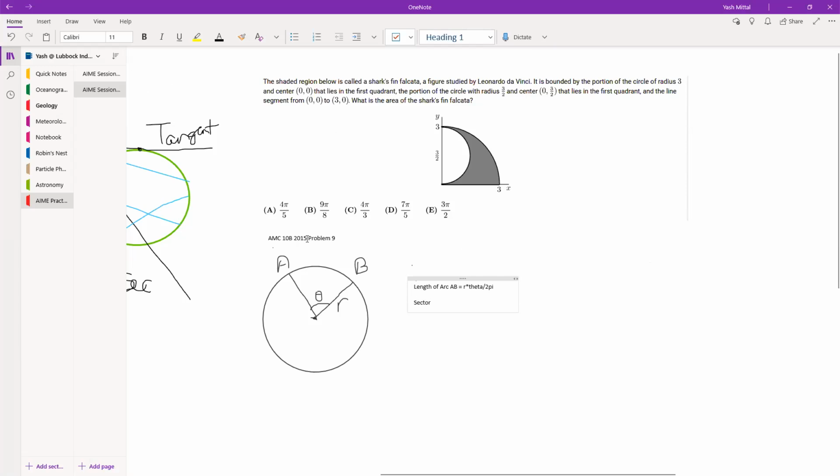But now we have the sector. The sector here is basically the area right here. Remember back to our discussion earlier. The sector is basically this entire pizza slice in a way.